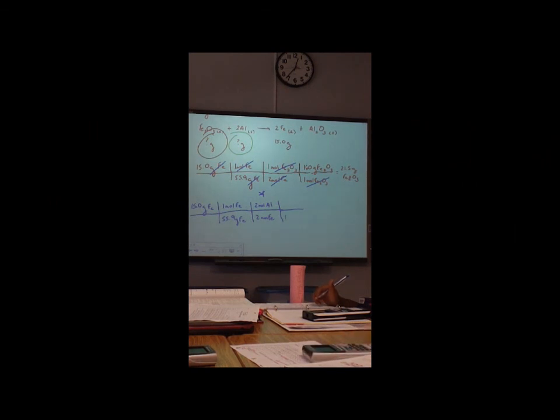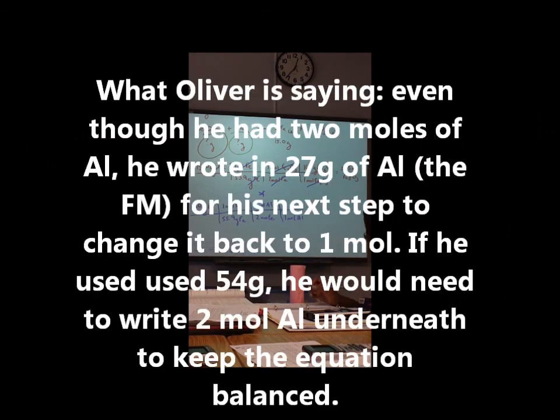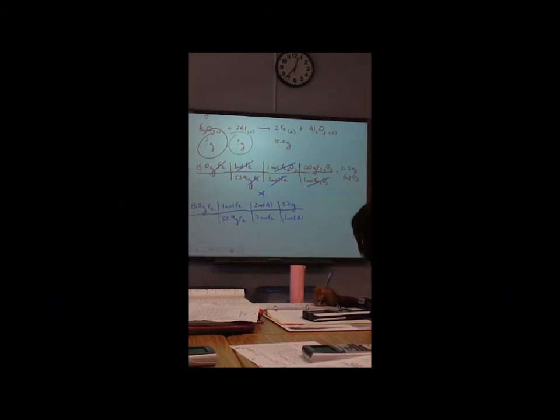For this, to convert between moles and grams, I would just insert the molar mass of 1 mole of aluminum. And 1 mole of aluminum has a mass of what? 26.98. Okay, so for simplicity's sake, I'm going to say 27 grams of aluminum.